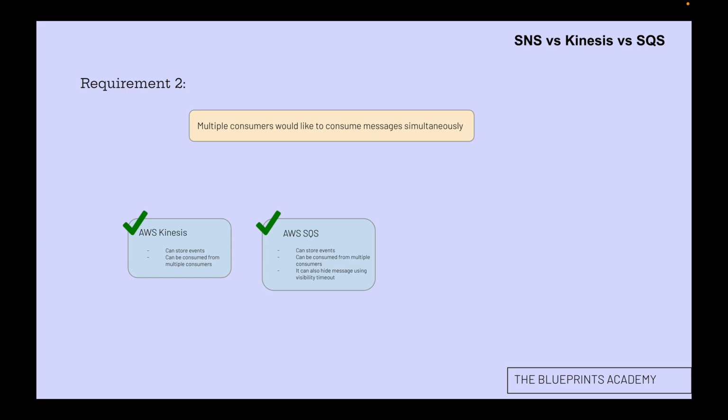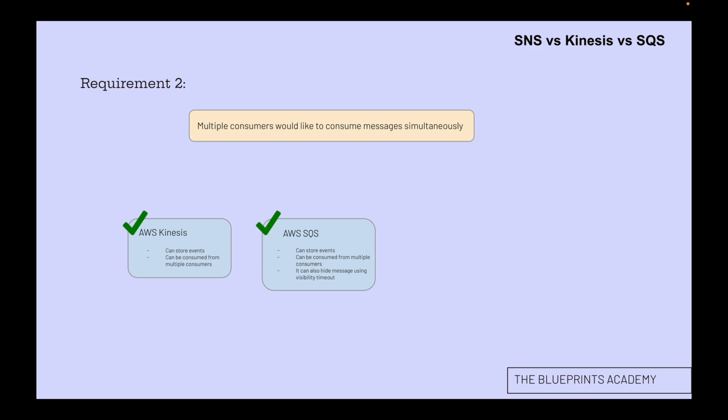So SQS can also store events, and those events will later again be available for the consumers to be consumed. But SQS also gives one more advantage, and which is about hiding the messages. So for instance, let's say you have a message in SQS and you would like to hide this message from other consumers if it is being consumed by one consumer.